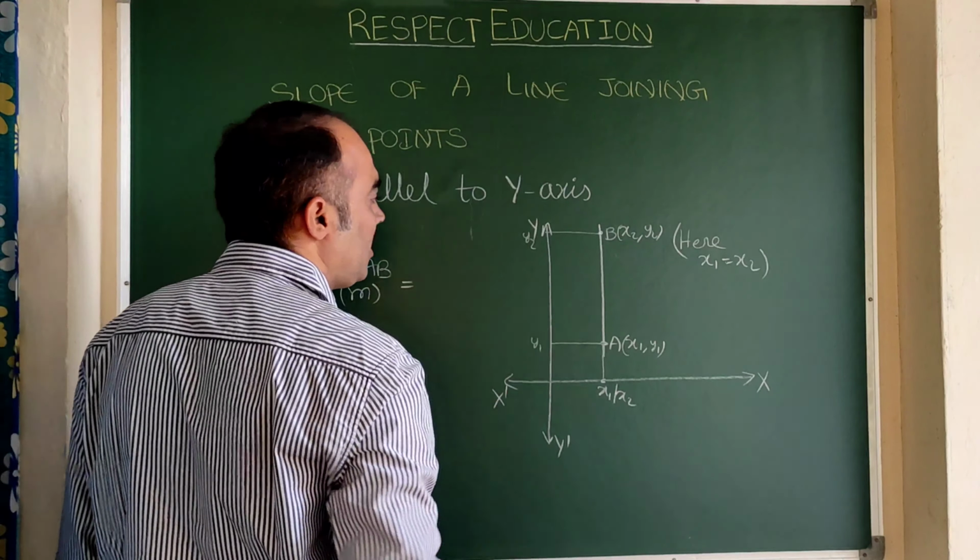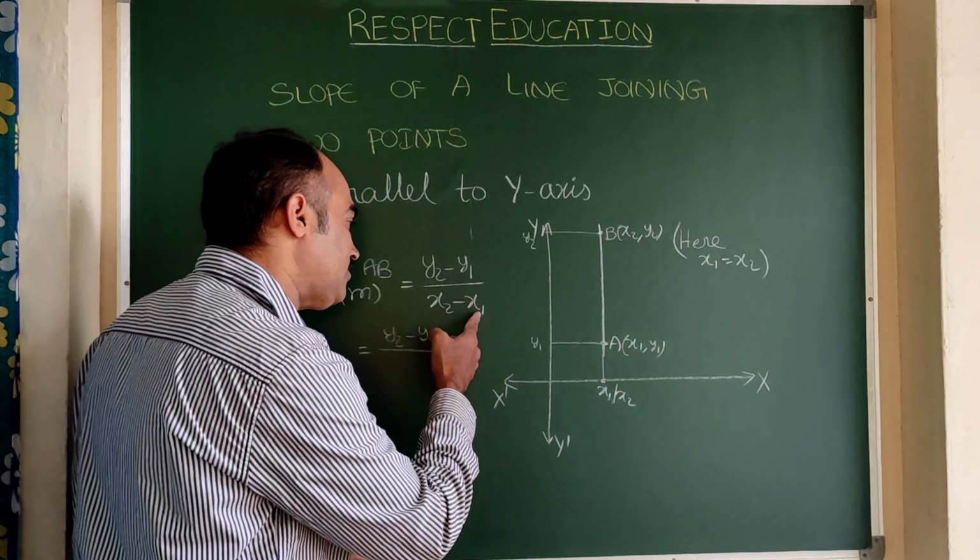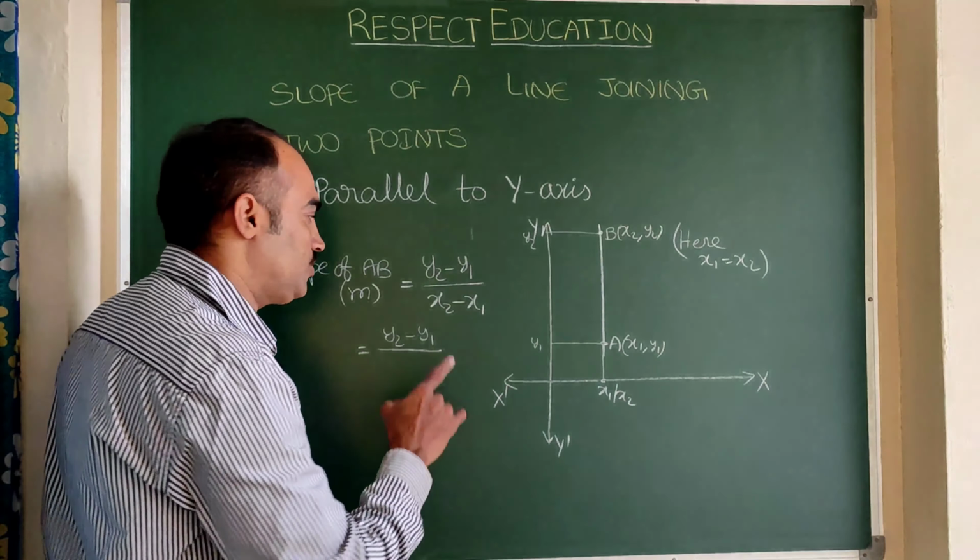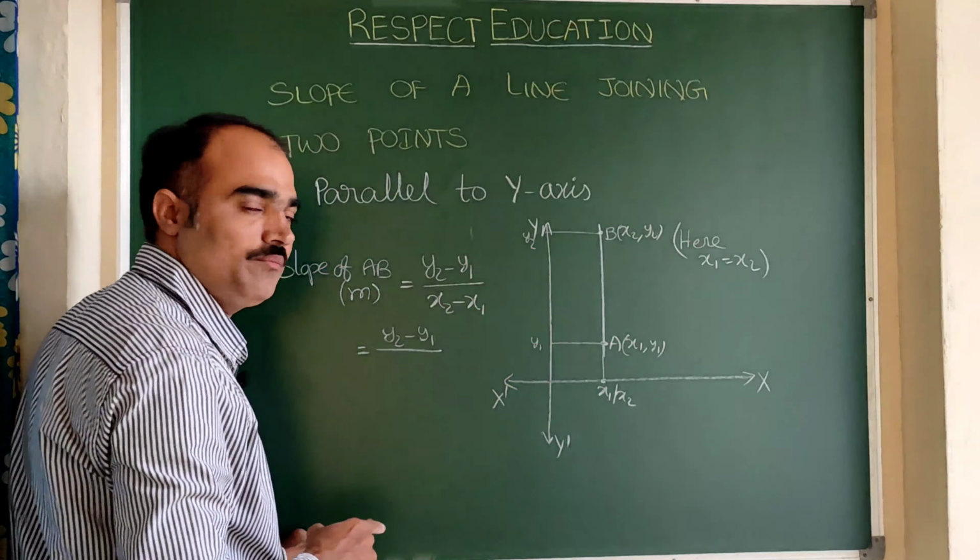Let us maintain the same, by, in place of x2 we can write x1, or in place of x1 we can write x2. Since both are equal, the difference is 0. For showing that, I am writing in place of x2 I am writing x1, because both are equal. I maintain the x1 the same, so that positive x1, negative x1 get cancelled. So here we got (y2 minus y1) by 0.